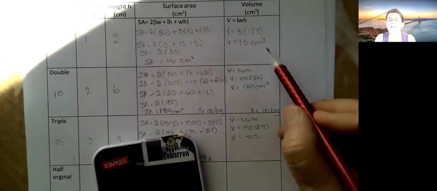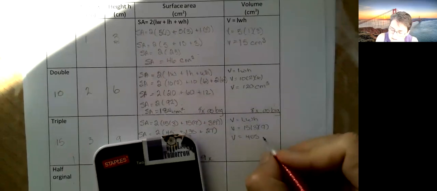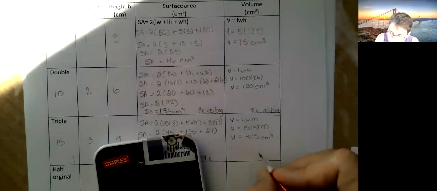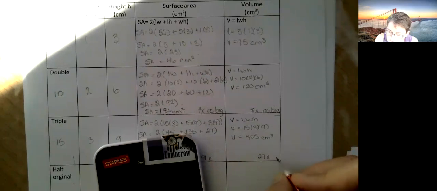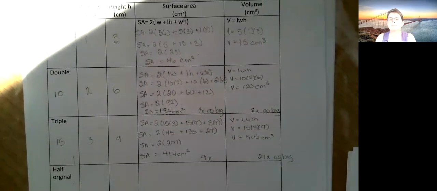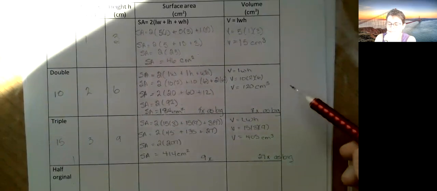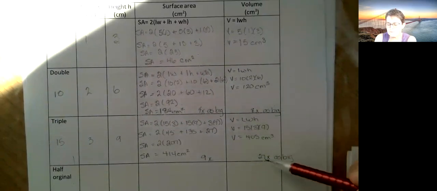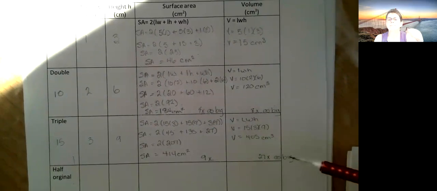Now, let's divide that by 15 and just see what we get. Oh, 27 times as big. So we got 8 times as big, 27 times as big.